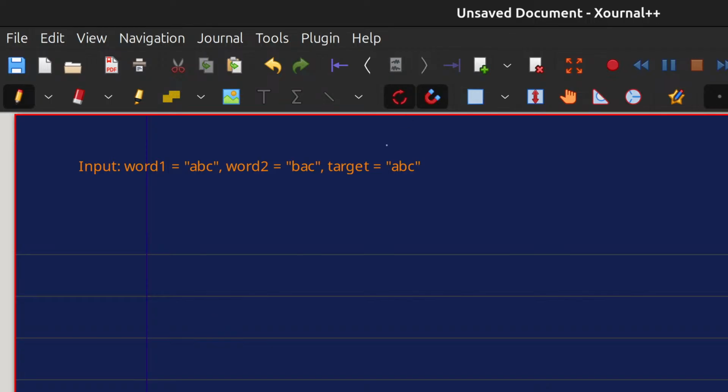We need to build ABC by picking characters from here and here. Those characters should be picked in increasing order of index, and for every character we have two choices: we can pick it from word 1 or from word 2. Chosen indices must be increasing, like if I choose index 0 from here, then next I have to choose from index 1, right?